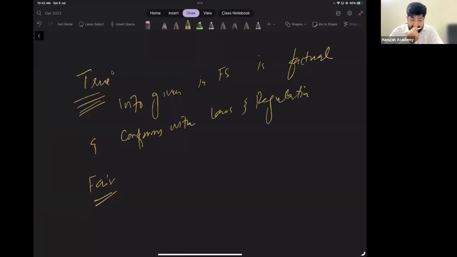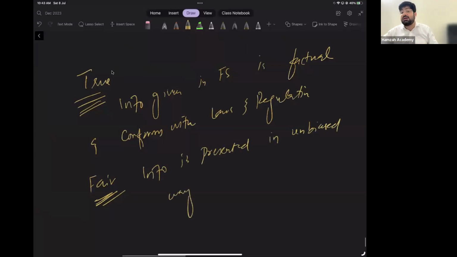Now, fairness. Fair means that the information which is given is presented in an unbiased way. One thing is that the facts may be presented in a way that distorts the actual situation.